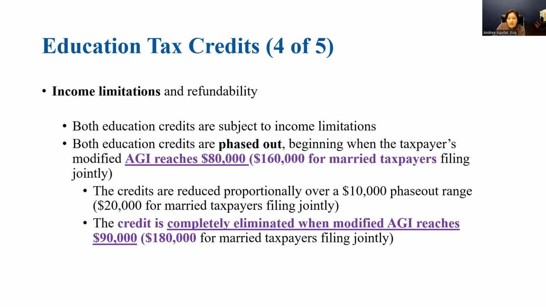And for single or head of household, you start losing this credit if your adjusted gross income is $80,000. So the credit will be reduced proportionally over $10,000. You will completely lose the credit if you are single and your AGI is $90,000.